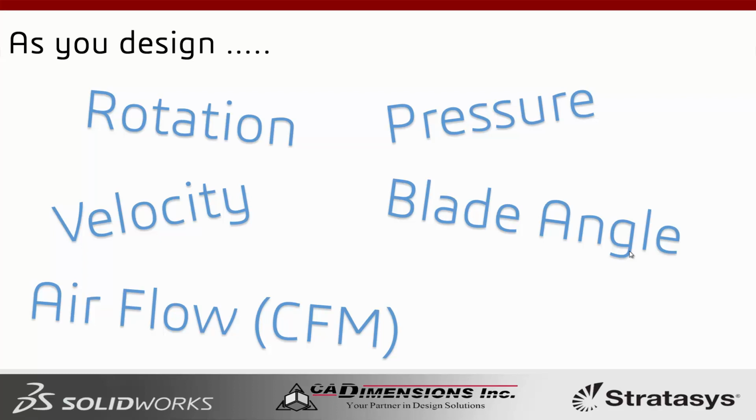You have an idea of what to expect as you create the physical prototype. And relating back to rotation, you want to set some RPMs and change the RPM just to see how it affects your system.